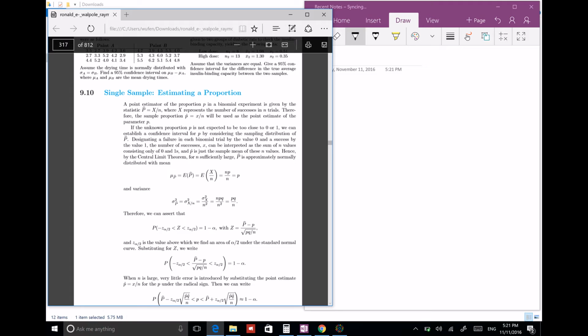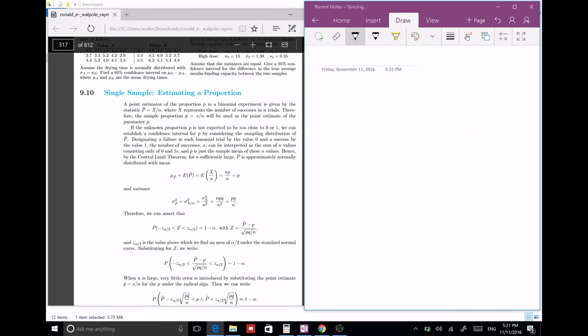A proportion is like a successful ratio or a failure ratio. It's between 0 and 1. The unknown proportion is not expected to be too close to 1 or too close to 0. Normally a proportion is like 0.6, 0.8, a ratio, right?